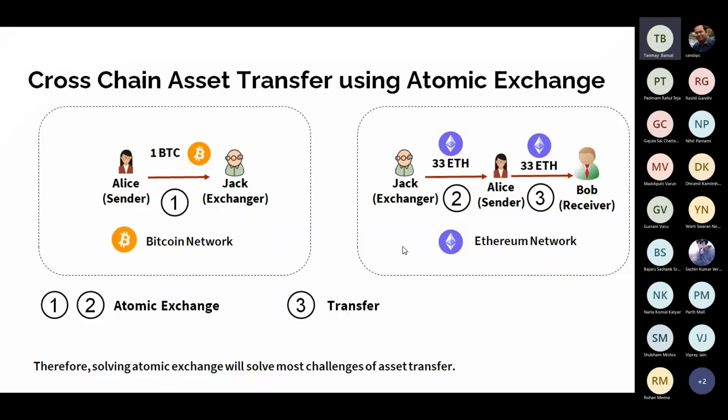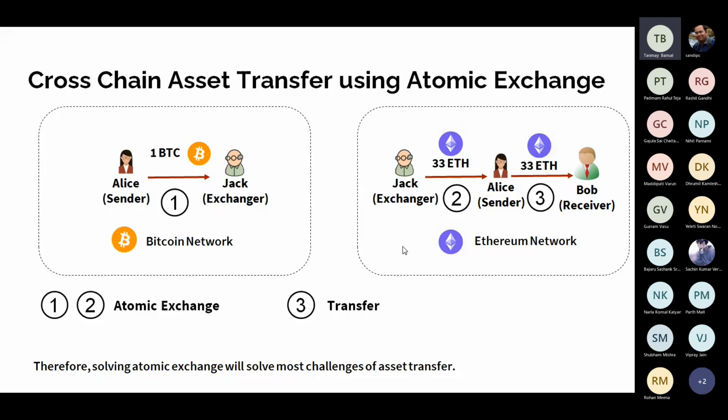If Jack gets 1 BTC from Alice, it must be ensured that Alice gets these 33 ethers from Jack in the second network. Once this money has been transferred from her account in the Bitcoin network to her account in the Ethereum network, she has those 33 ethers, and then of course she can make the payment of 33 ethers to Bob eventually.